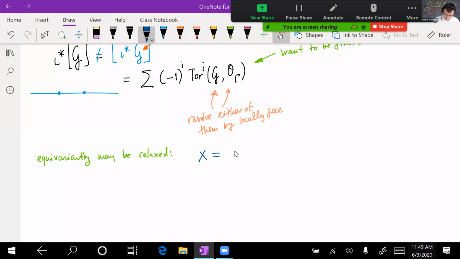For example, if my X is the simplest possible singular variety, xy equals 0, and my sheaf is the structure sheaf of the origin. Since X is singular, this doesn't have a finite locally free resolution. It has an infinite resolution.